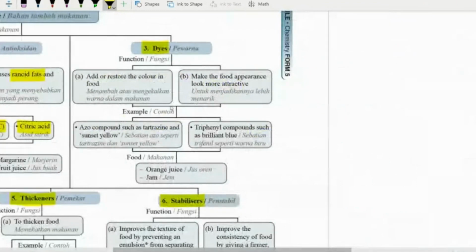Okay, next is the dyes. Dyes is the coloring. During the food production, sometimes the color changes or becomes not nice. So you add in the coloring to restore the color in the food, to make the food appearance look more attractive. Otherwise, the customer doesn't want to eat.